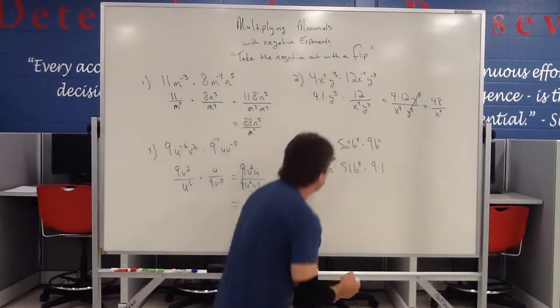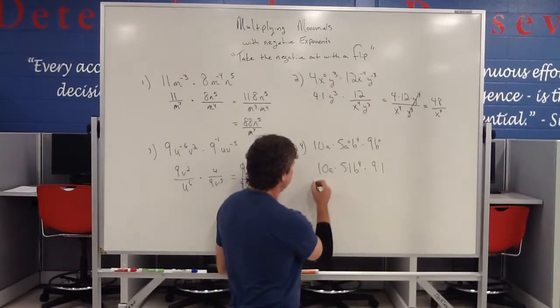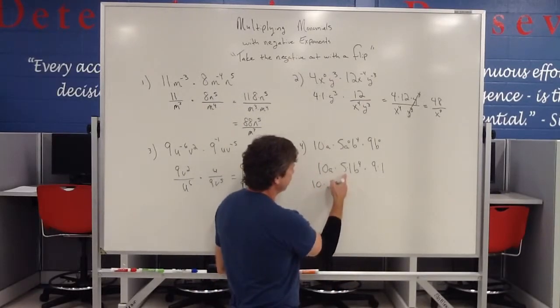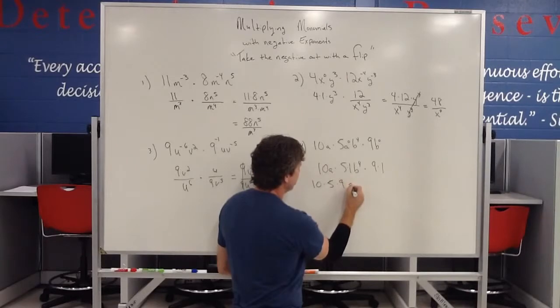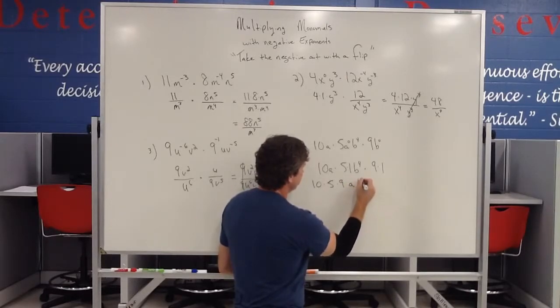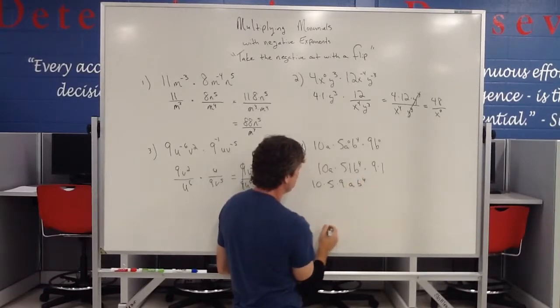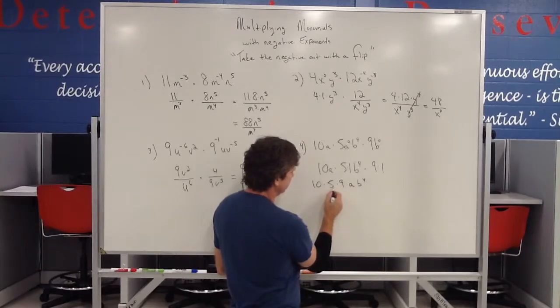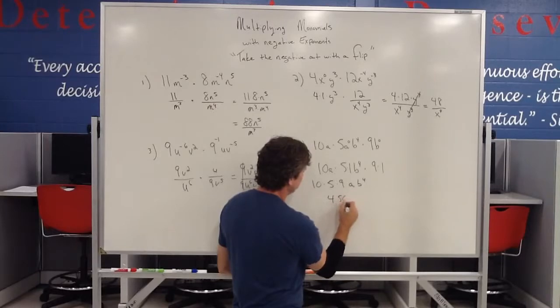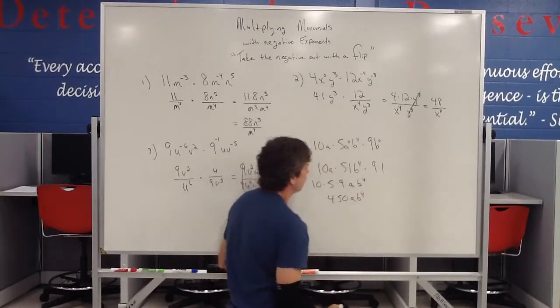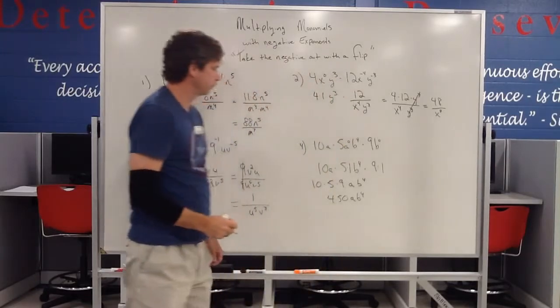If I just come across here and do some multiplication, I know I have basically 10 times, well 5 times 1 is 5, so I'm just going to bring the 5 over. 9 times 1 is 9. Then I'm going to put the letters on the end, so there's an a, and then there's a b to the 4th. Well, 10 times 5 is 50. 50 times 9 is 450. So we end up with 450 a b to the 4th as our final answer.